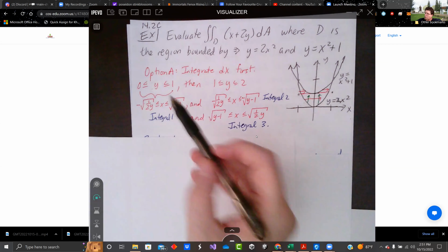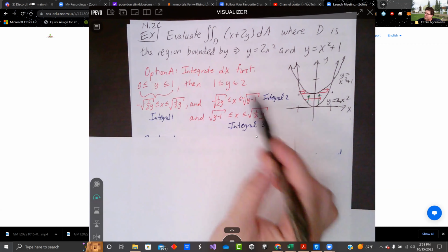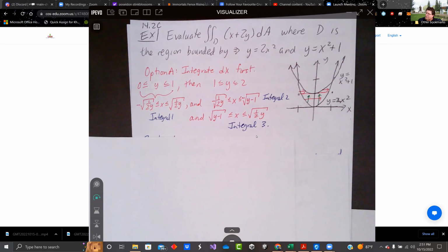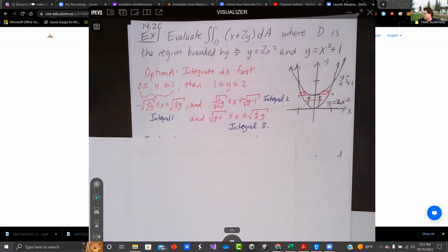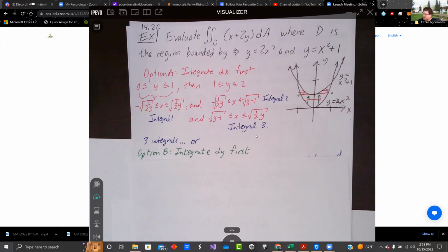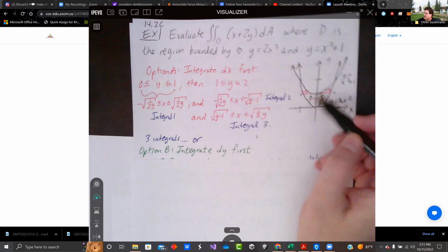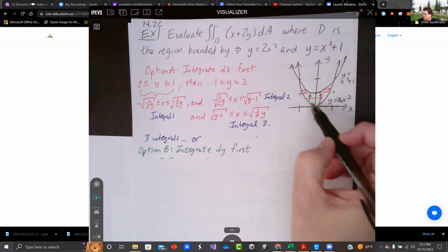So one integral for the lower half, two integrals for the upper half. We've got three integrals. Okay, good to know. Let's check out what we do if we integrate dy first. It looks like only one region.